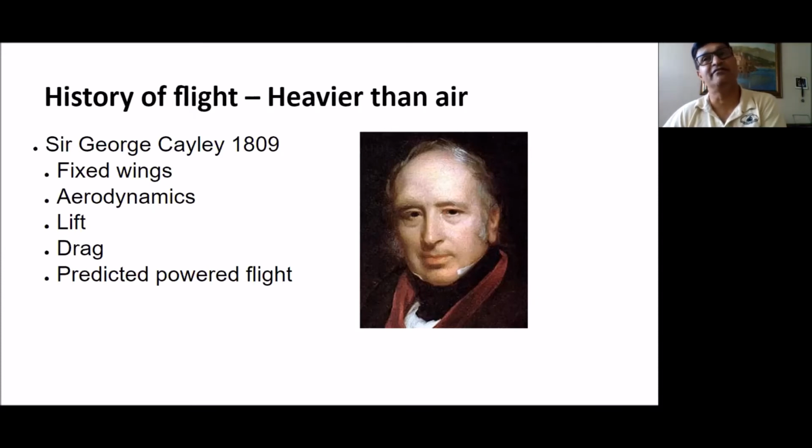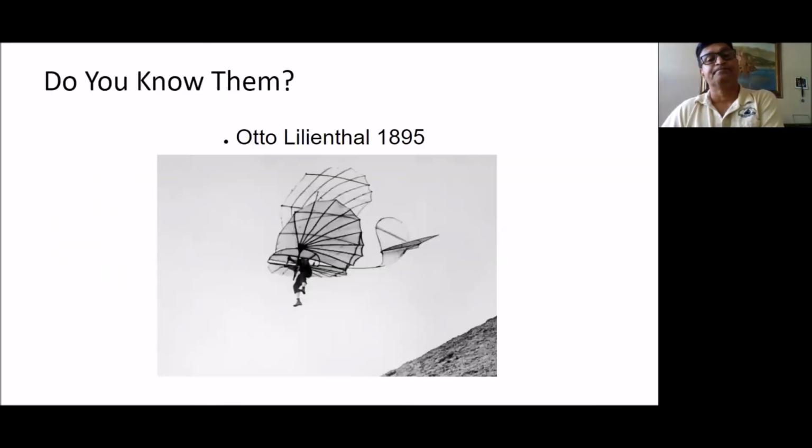Then Rudolf Diesel came up with the diesel engine about 10 years later, in the 1890s. So engines were available towards the end of the 1800s, close to 1900. That changed the equations.